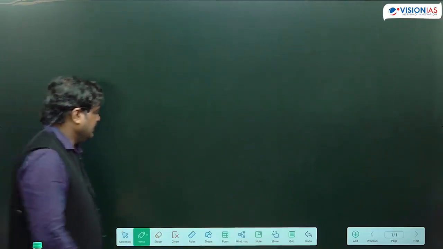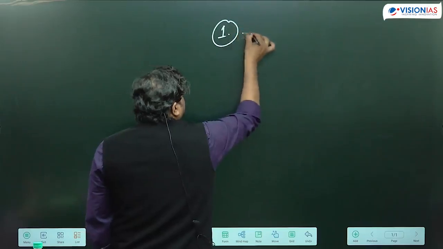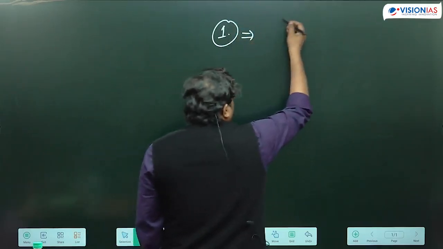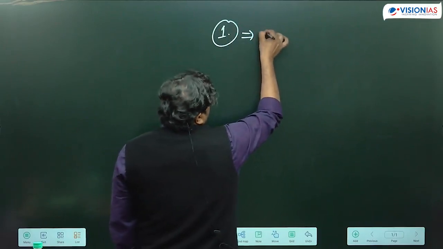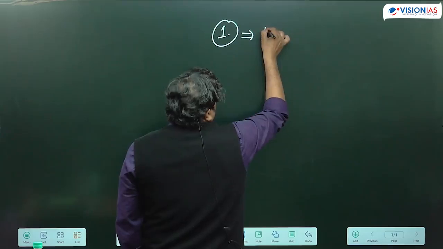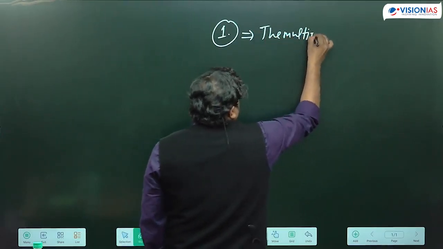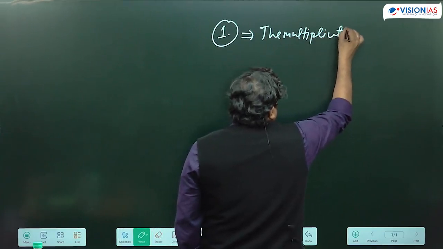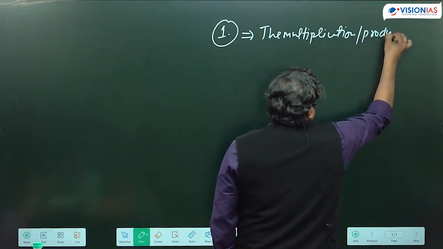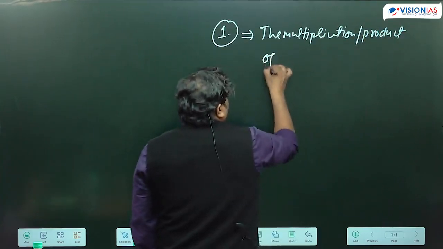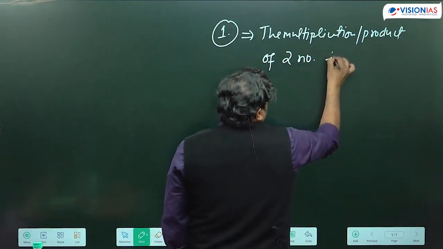If I write another question this way, two statements. First statement is the multiplication or the product of two numbers is 21.